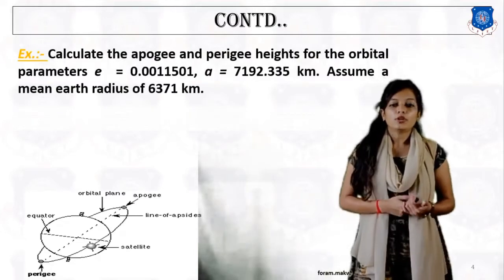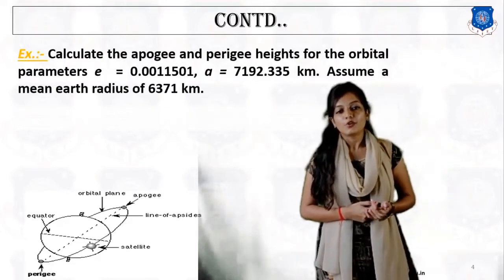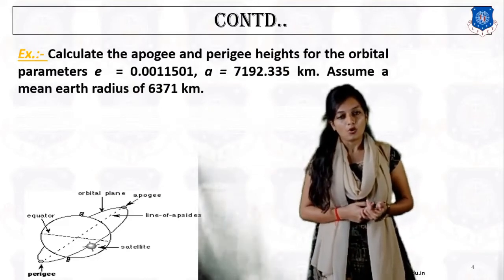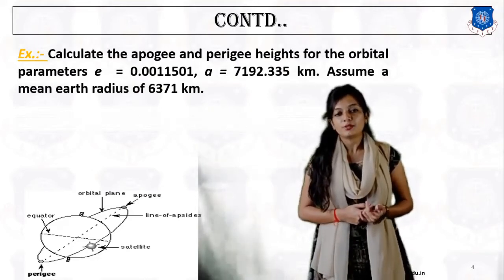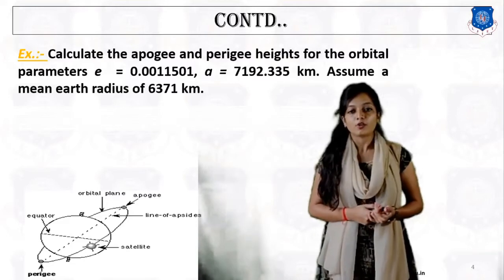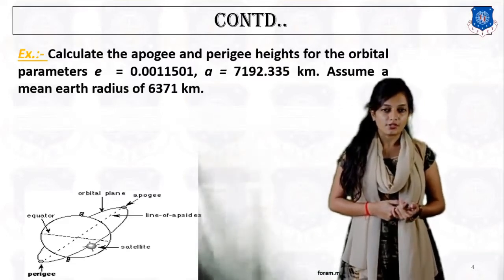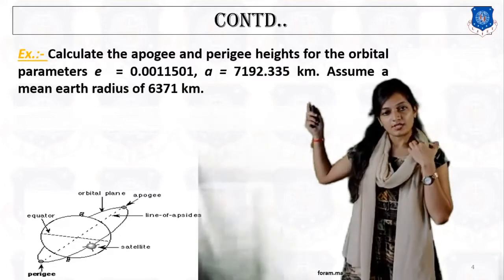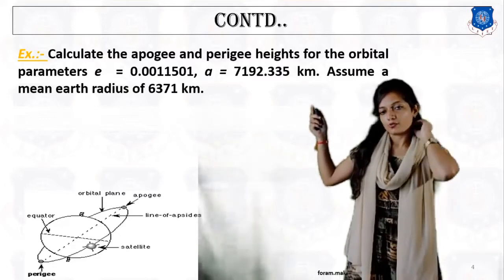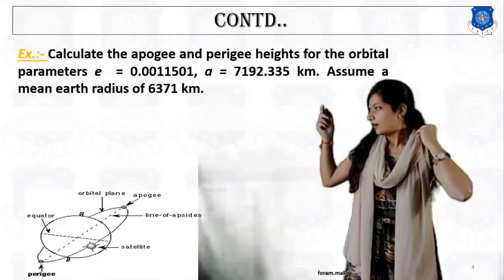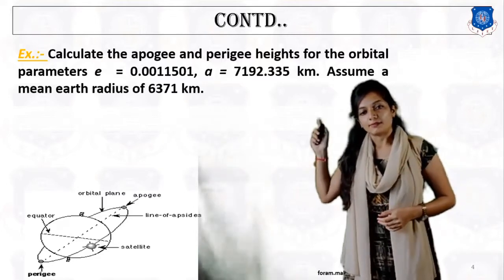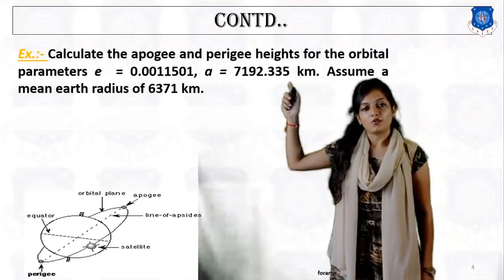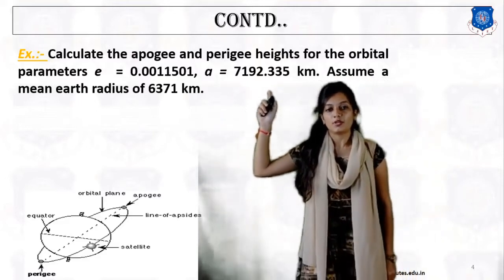Now we are going to calculate the radius of apogee and perigee, or if the radius of apogee and perigee is given, we are going to calculate the height of apogee and perigee. The example is: calculate the radius of apogee and perigee, and from that calculate the height of apogee and perigee for the orbital parameters which are already given.